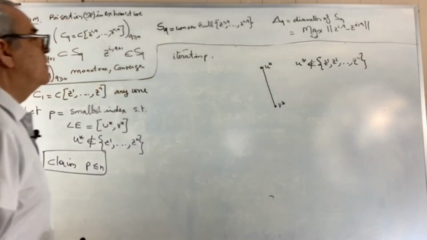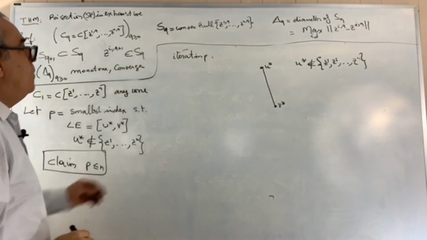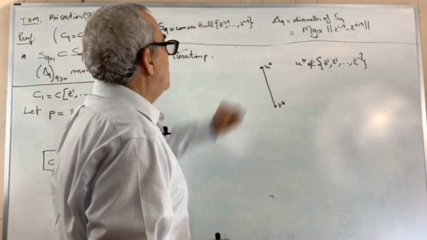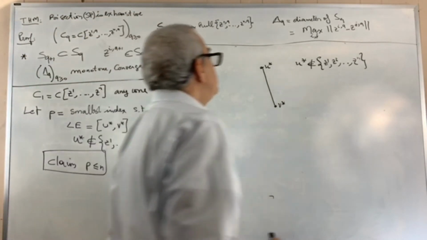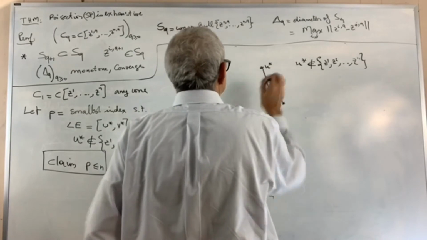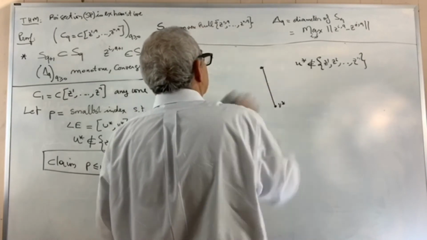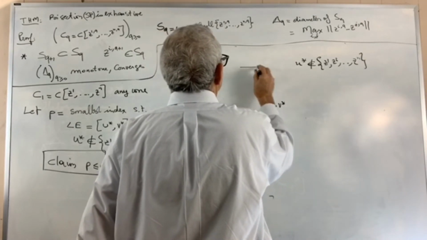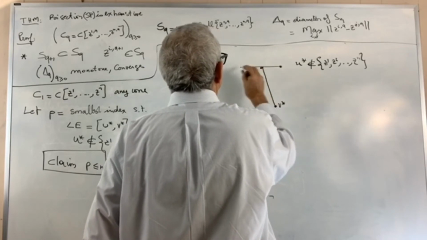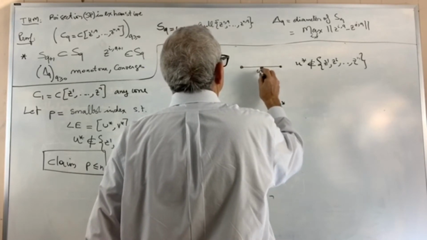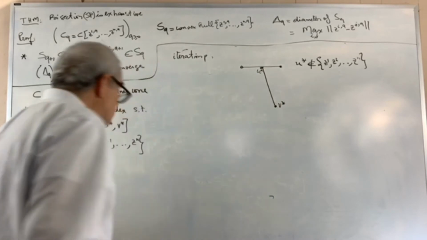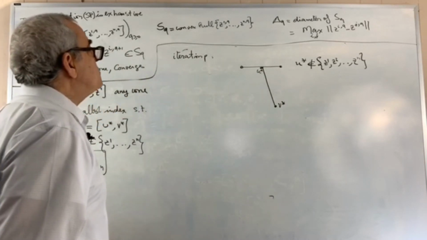Okay. So therefore, we obtain u star from a previous iteration, right?